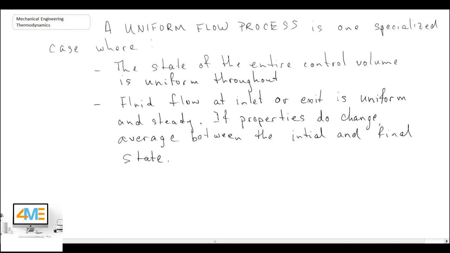If properties are changing during the process, what you are supposed to do under the uniform flow process is average between the initial and the final states for either that inlet or that exit. So let's take a look at the form of the first law for a uniform flow process.